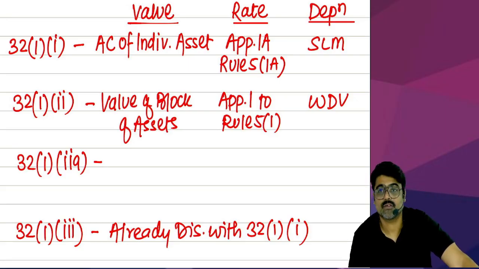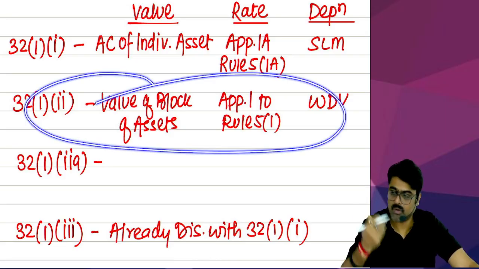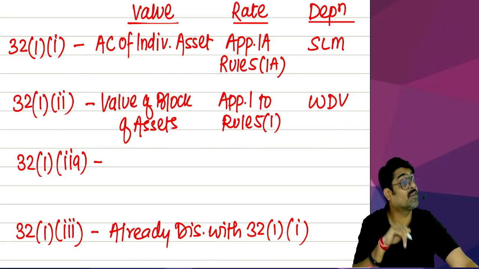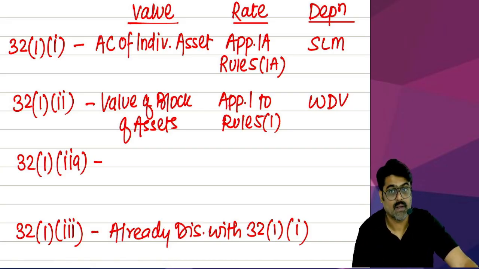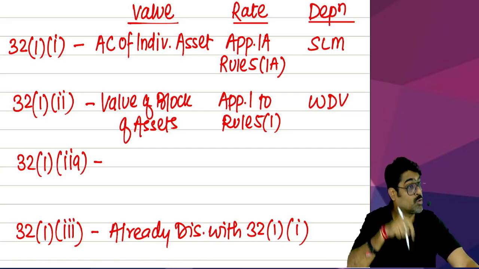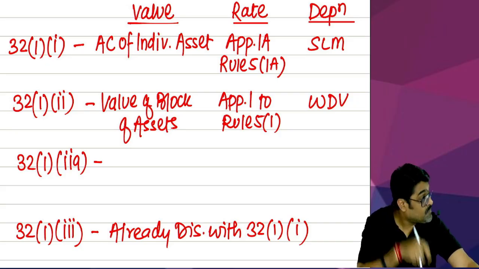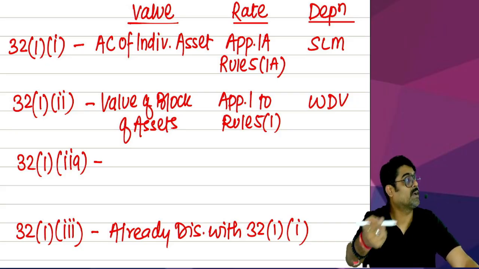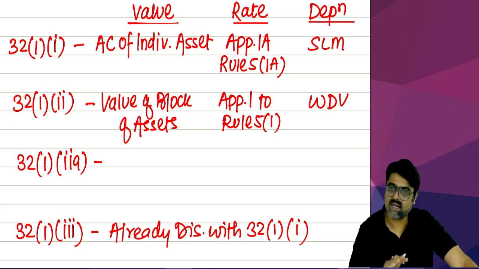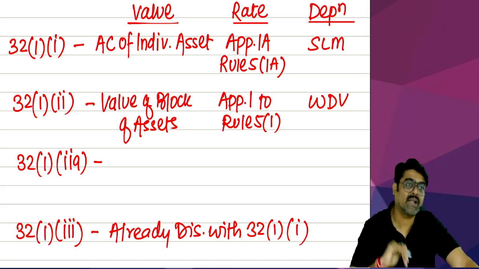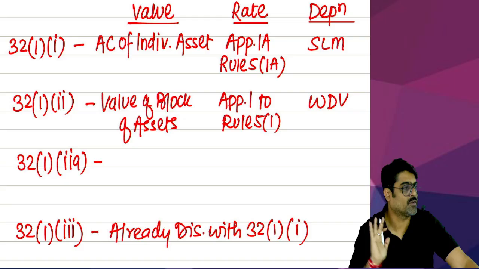Will you remember this? Because this depreciation is available to all the assessees, including the assessees of power business, because nowhere it is mentioned that an assessee engaged in power business cannot claim this depreciation. Even they can claim. But if they want to claim, they have to choose this option in the first year in which they have started this business. So the year in which you start your power business, in that year, choose this option of block system.